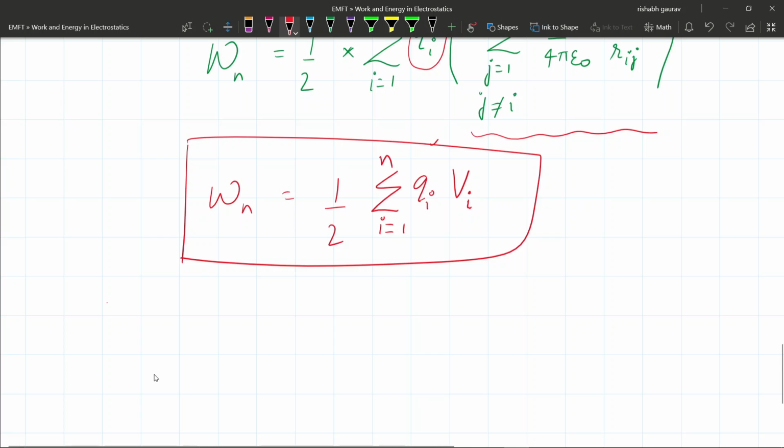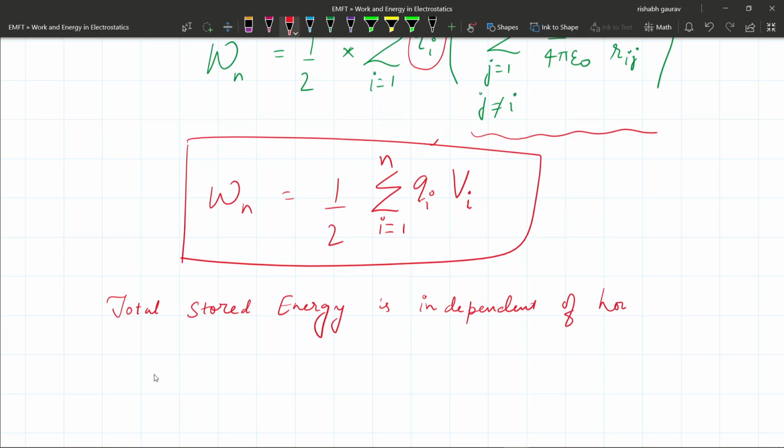We can write here: total stored energy is independent of how the charges have been configured.